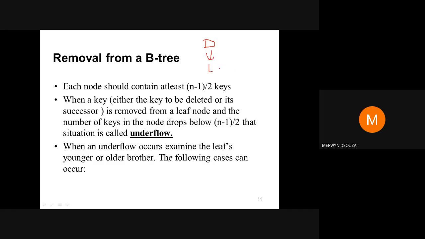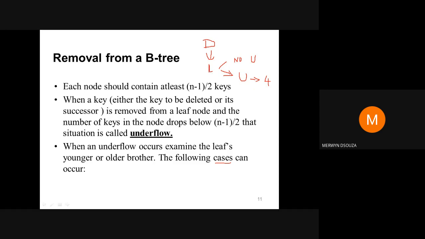If there is no underflow, then you remove the key and you're done with the deletion. But if there is underflow, then you're going to look at these 4 types of cases.